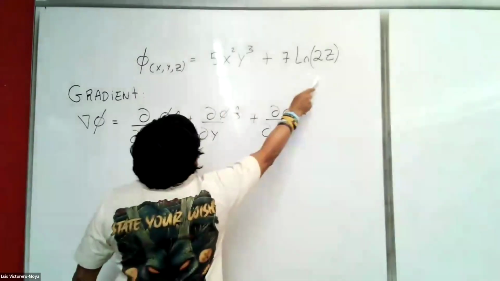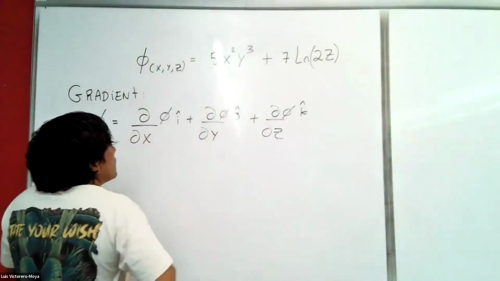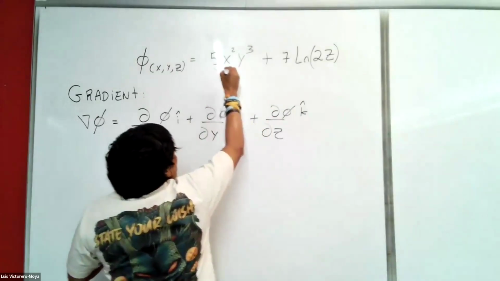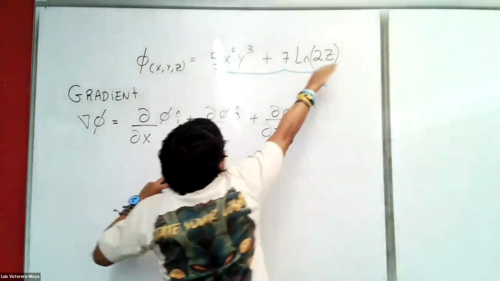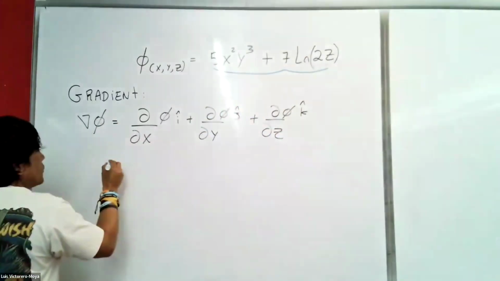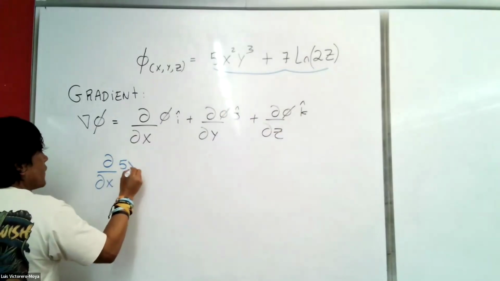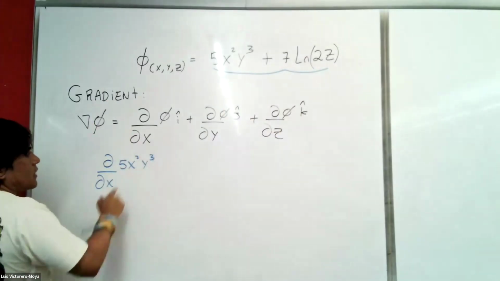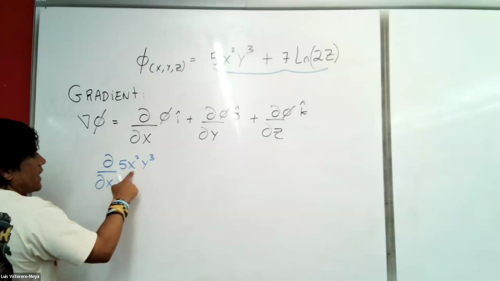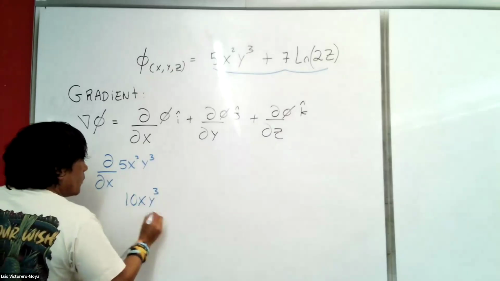So I'm going to do that. Derivative of the function with respect to x. Now this is z. So what's the partial derivative of this with respect to x? It will be 0 for that. 5x squared. So if you do the partial derivative with respect to x of 5x squared y cubed, you take the y as a constant, you just focus on x, that's 10x, so it will be 10x y cubed i.